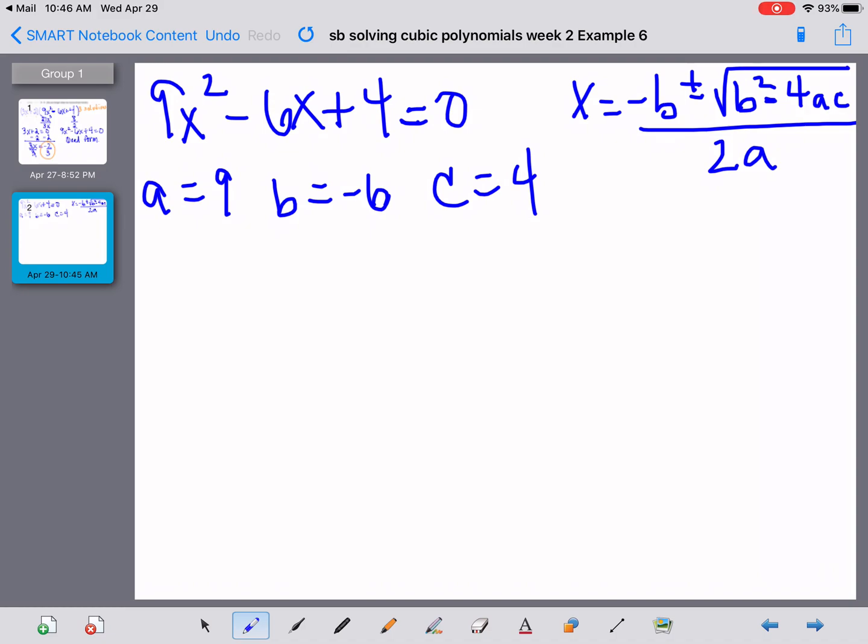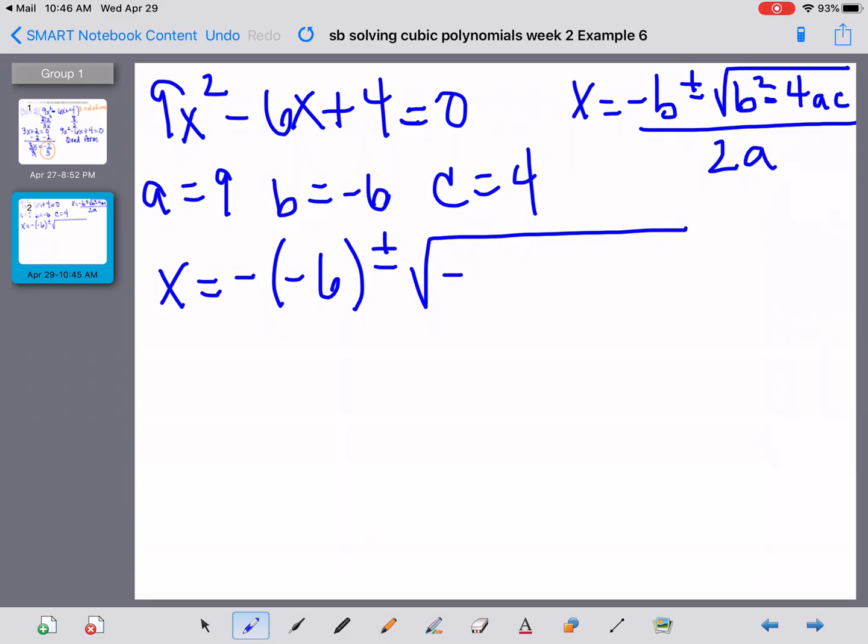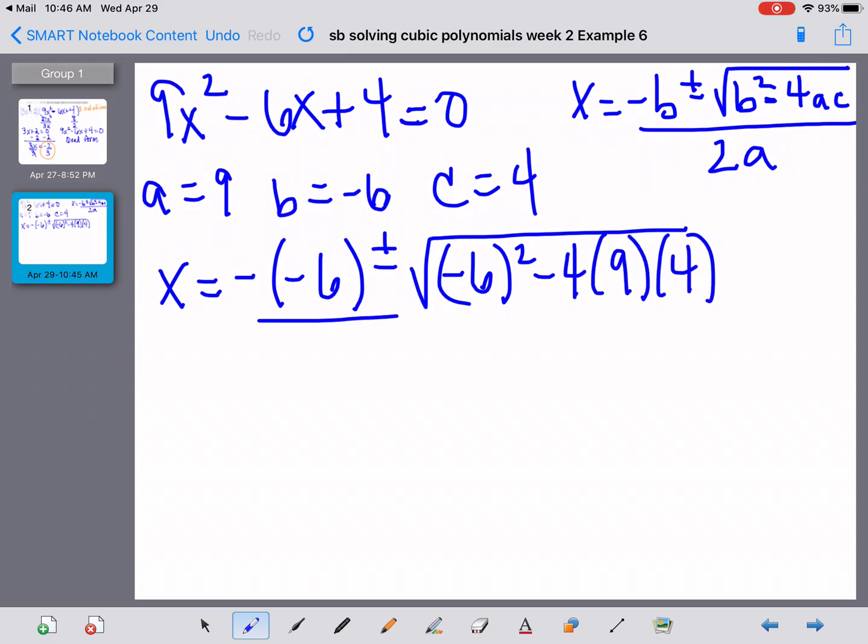And let's see how I do with my spacing here today. We get x equals the opposite of negative 6 plus or minus the square root of b squared minus 4 times a times c, all divided by 2 times a.